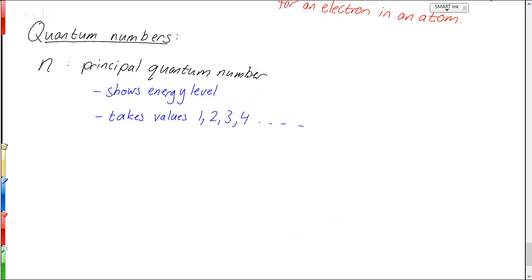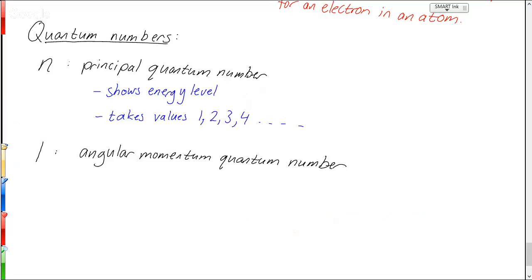The next one is called L. L is known as the angular momentum quantum number, or the azimuthal quantum number. We'll call it the angular momentum quantum number.